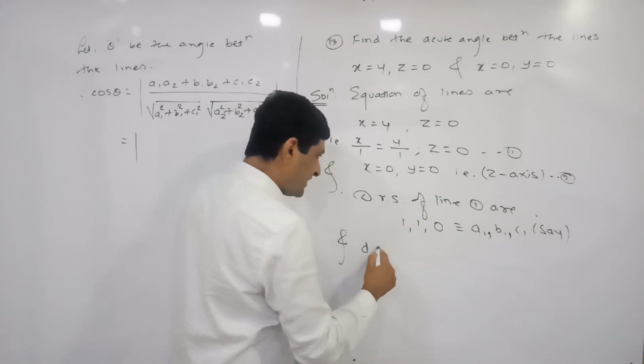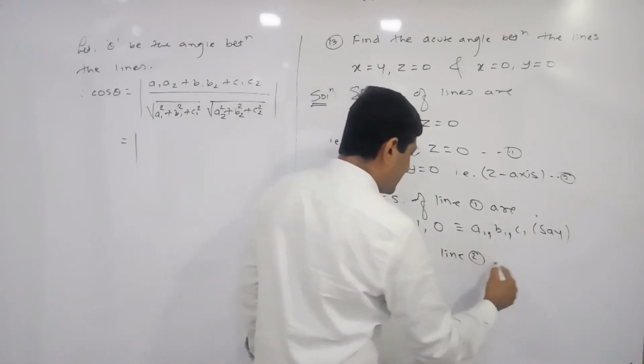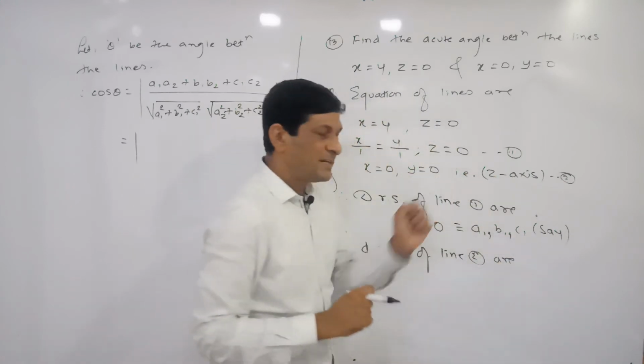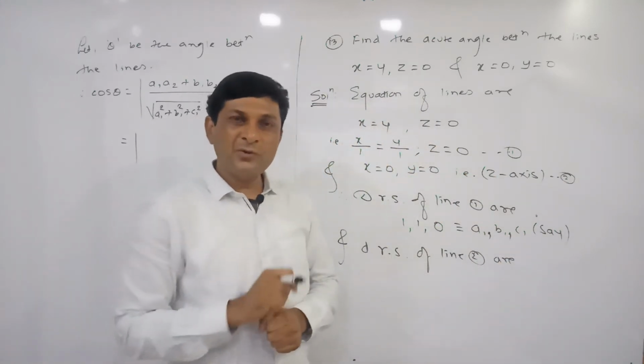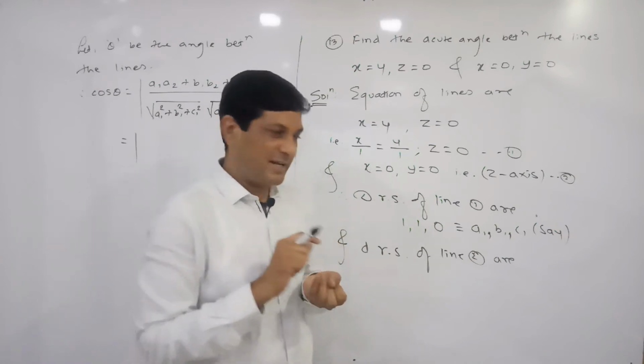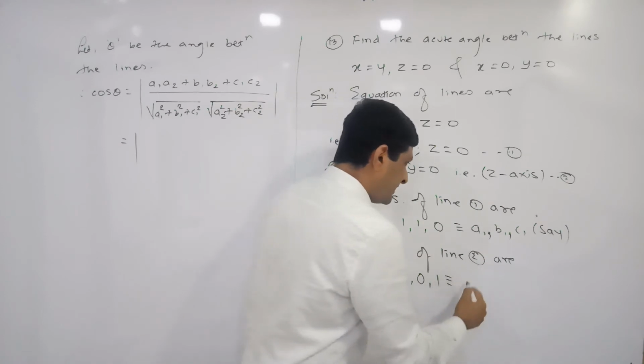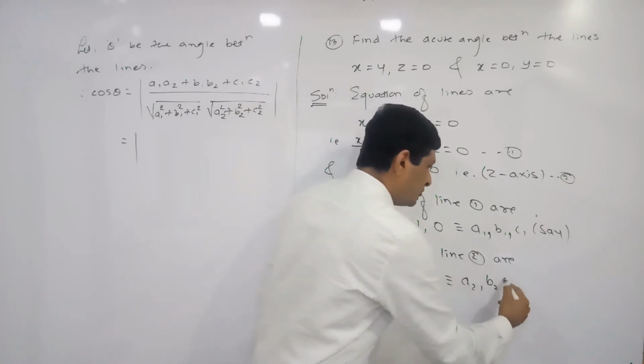And the direction ratios of the second line are: if you observe here, the second line is the Z-axis, and we already know that the direction ratios of the Z-axis are 0, 0, 1. Let us denote them by A2, B2, C2.